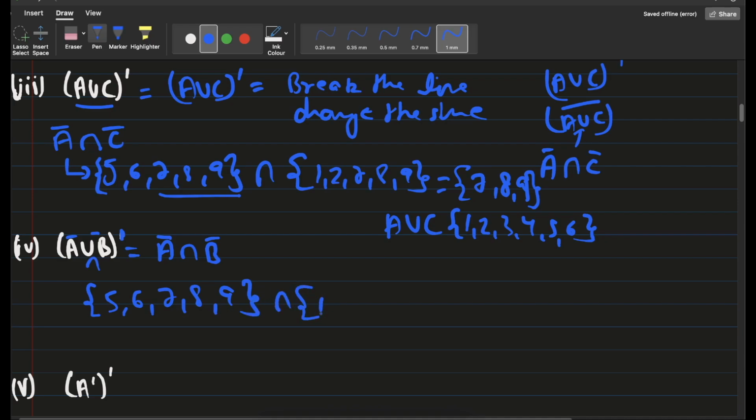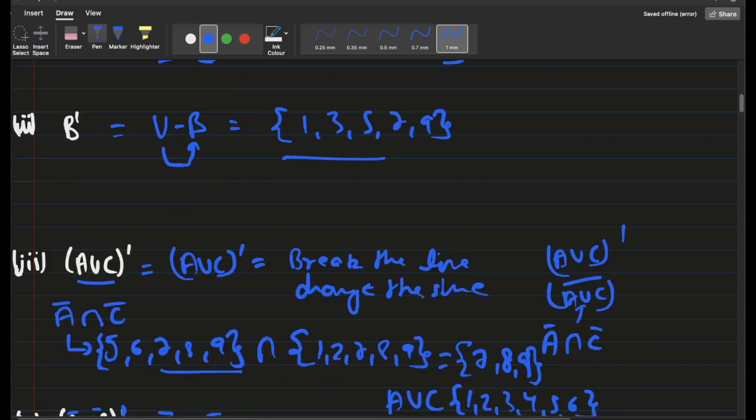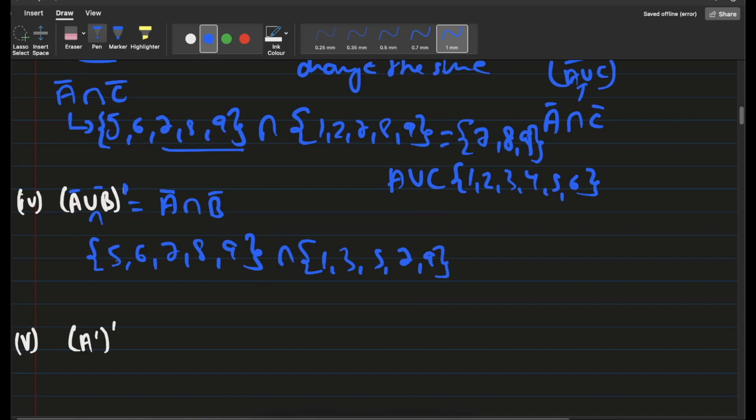What was B complement? 1, 3, 5, 7 and 9. Let me check. Yes. So now what is the intersection? 7, 9 and 5. So our answer for (A union B) whole complement would be none other than 5, 7 and 9. Got it?